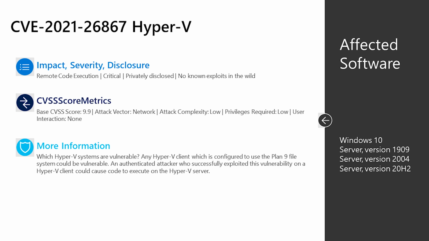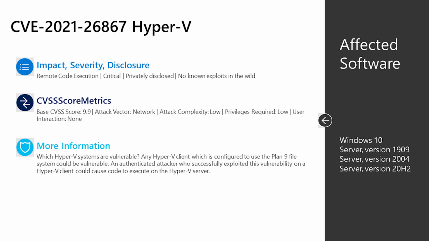As we can see, it's Windows 10, but it's also the server versions 1909, 2004, and 20H2. So that's a nice thing because it's not across the entire fleet of supported server or desktop SKUs. Now, with that said, when we take a look at the score here, this is a 9.9. I mean, on a scale of 10, that's extraordinarily high.